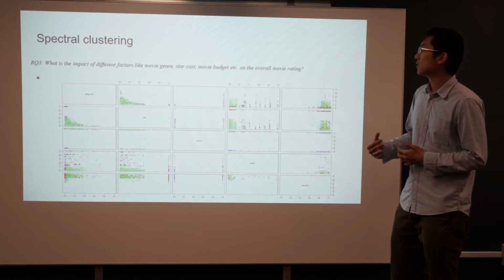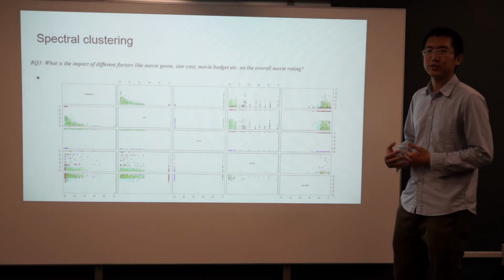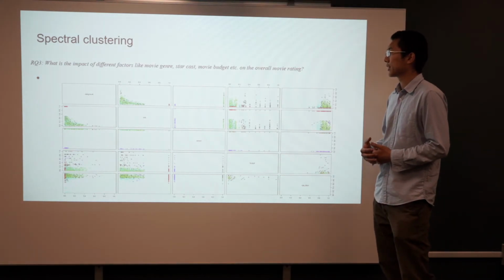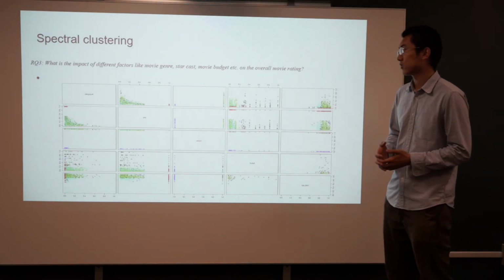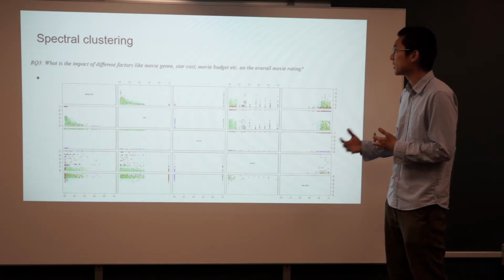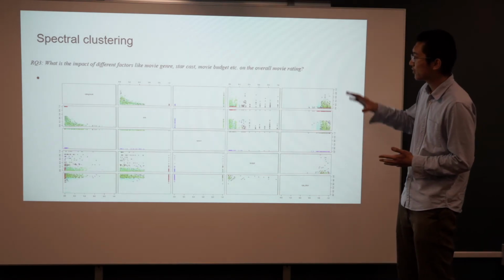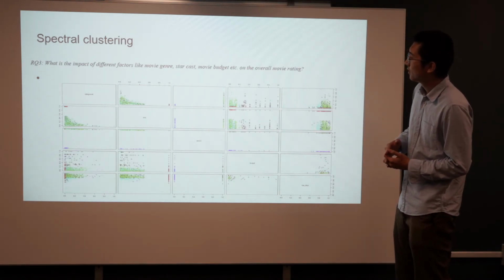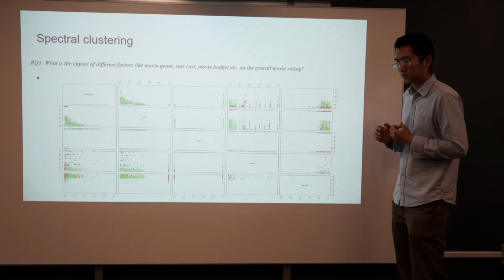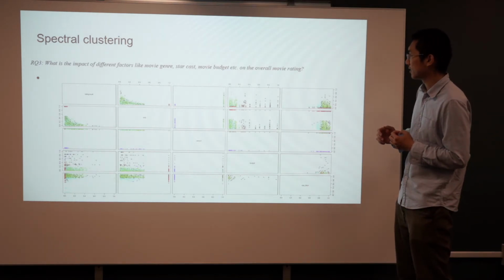For the spectral clustering, due to the restriction of our computing, we cannot get the results for research question 2 because the data is too large. But for the movie level data, for the 5 features we applied, there's a plot to show the relationship pairwise.